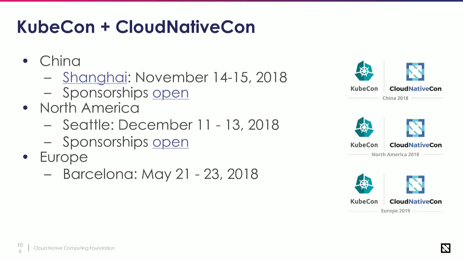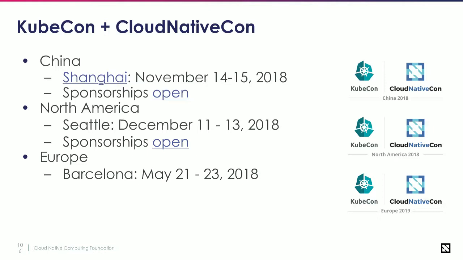And then I want to mention our events. So we just held our biggest event ever in Copenhagen at the beginning of the month, 4,300 people there from 6 continents. We're going to be holding our first ever event in China in Shanghai, November 14th and 15th. And then our biggest event ever will be in North America in December, Seattle, from 11th to the 13th.